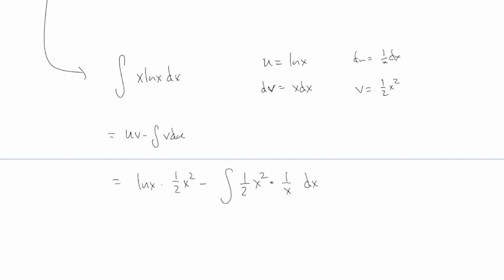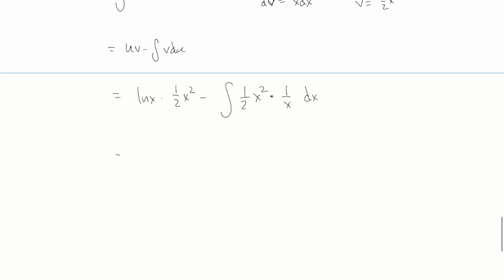All right? Now we shall simplify before trying to do that last part of the integral. I have the first part I'll just leave like it is. Maybe I'll write it in the other order because I like it that way. The second part, we can take 1/2 out, and then on the inside of the integral, I have x squared times 1 over x. I think of this as canceling one of the x's or dividing an x out.